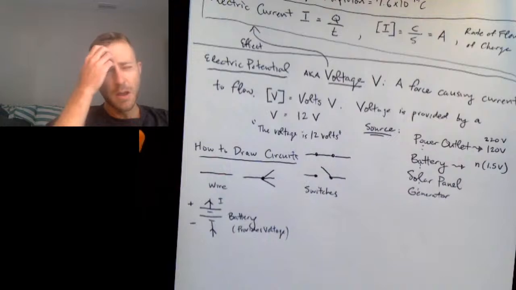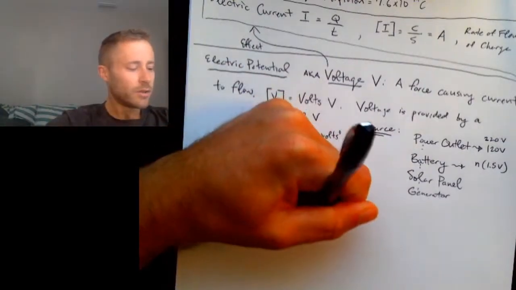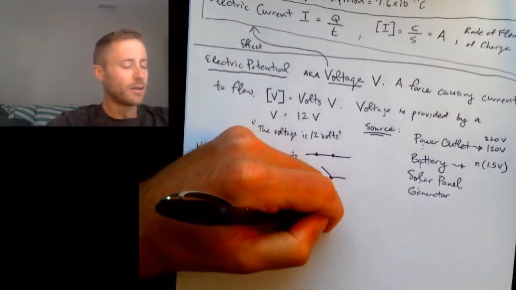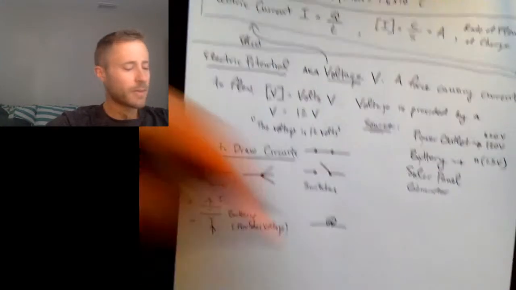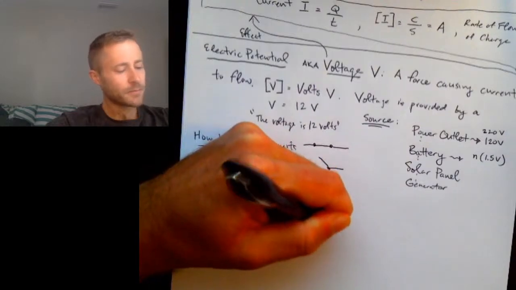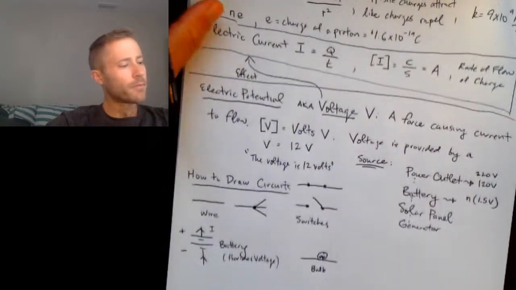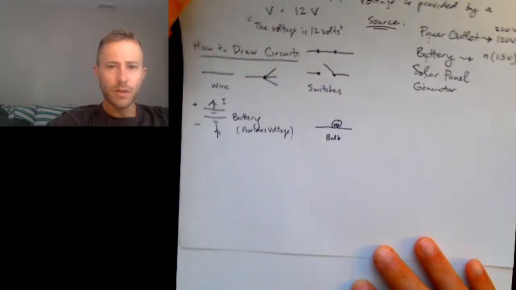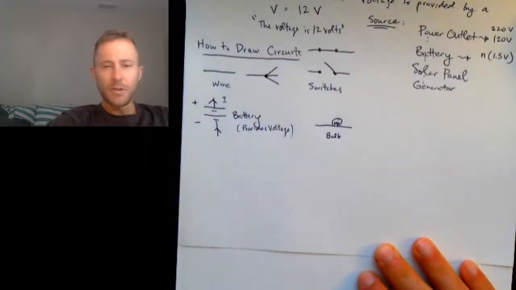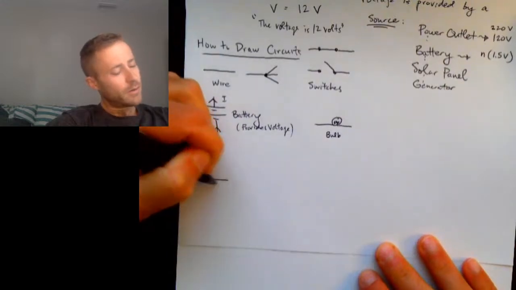All right? And then there are various symbols for different devices. So, this is the symbol for a light bulb. So let me draw just like a really basic circuit diagram.